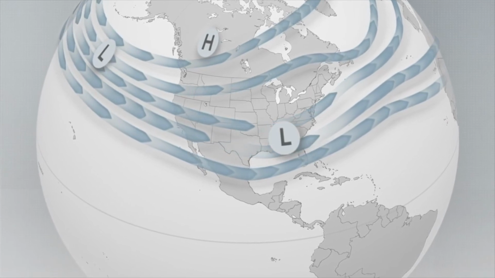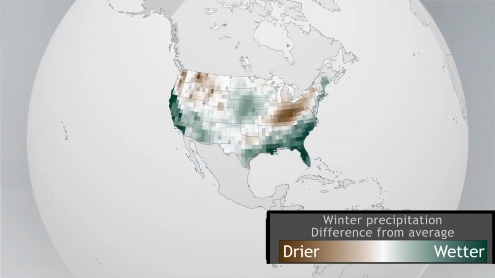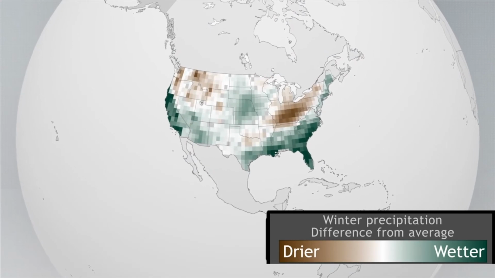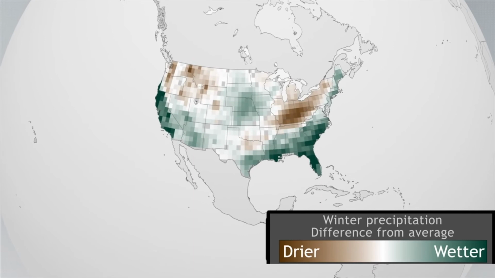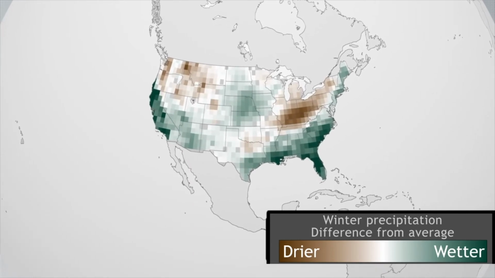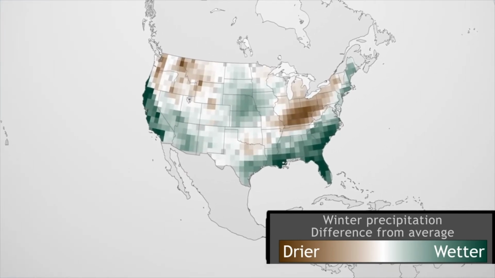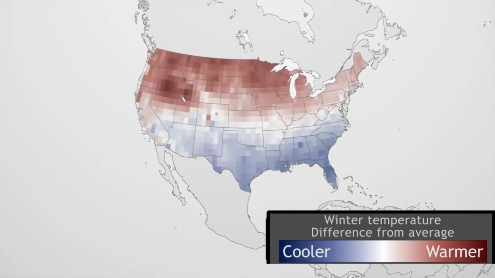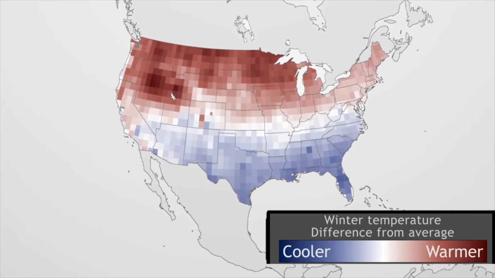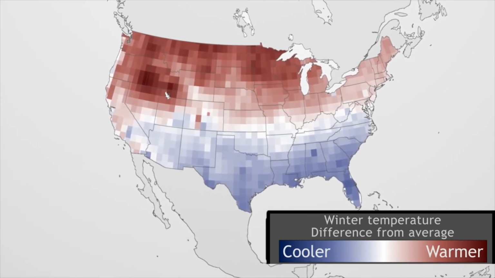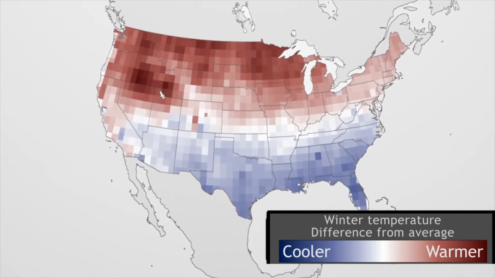During winter, El Niño is generally associated with wetter than average conditions across the southern tier and drier than average conditions in the Pacific Northwest, the Northern Rockies, and the Ohio Valley. We typically observe below average temperatures across the southeastern United States and warmer than average conditions over the northern part of the country.